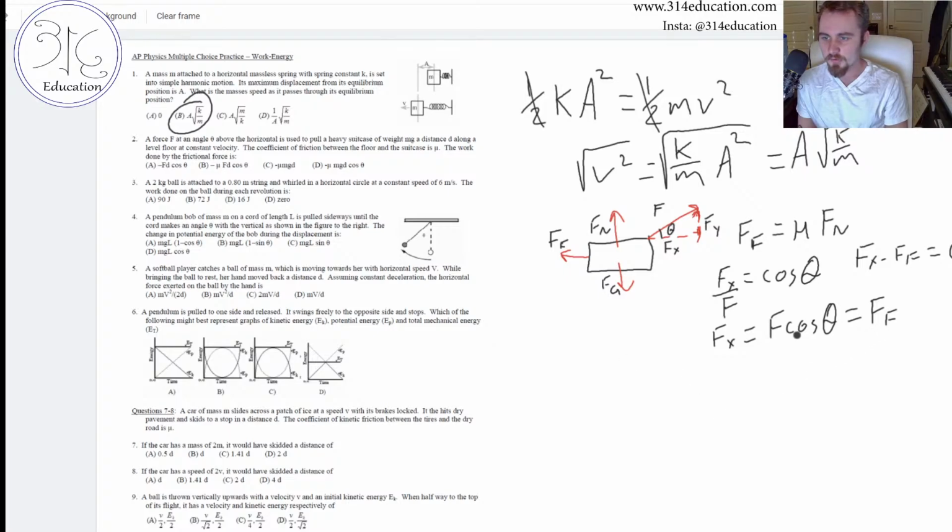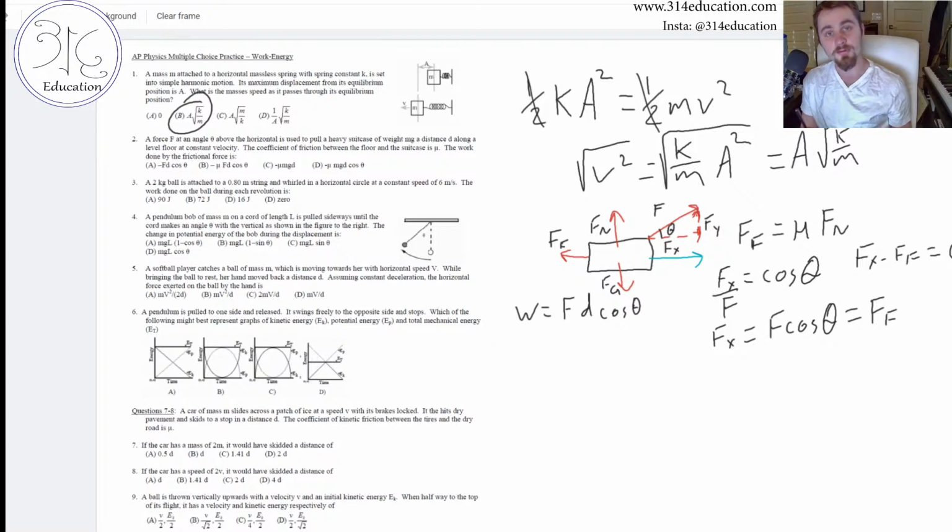Yeah, and then the work done by this is going to equal the force times the distance times the cosine. And our distance, or our displacement, moreover, is going this way. And Ff is opposite that, so that's going to be 180 degrees over.